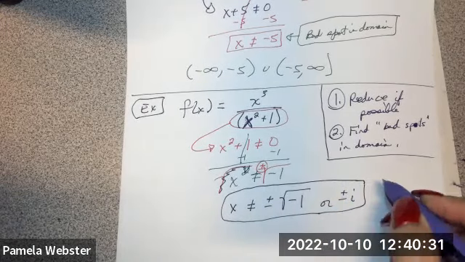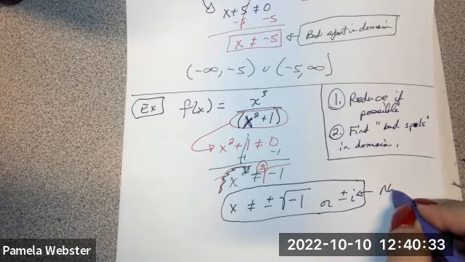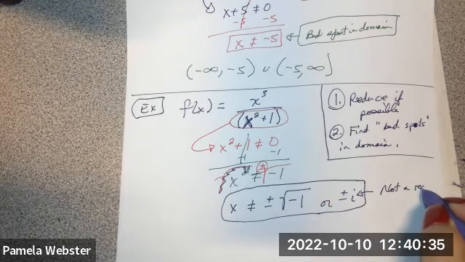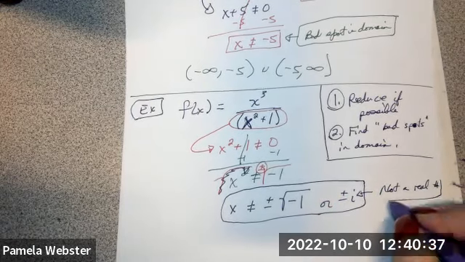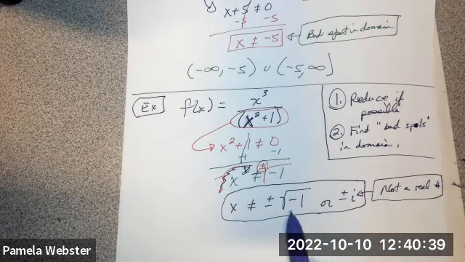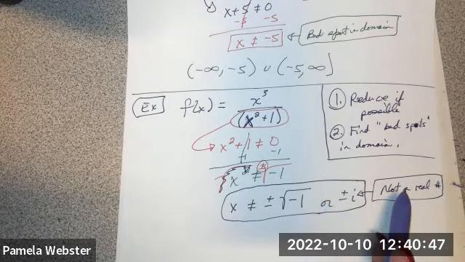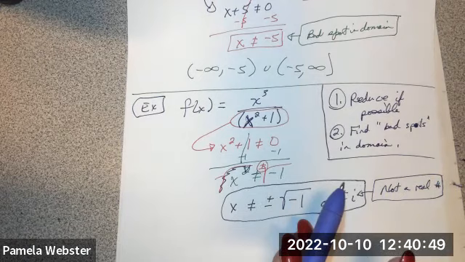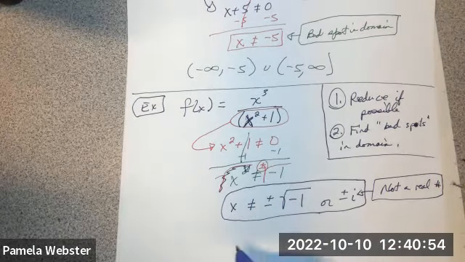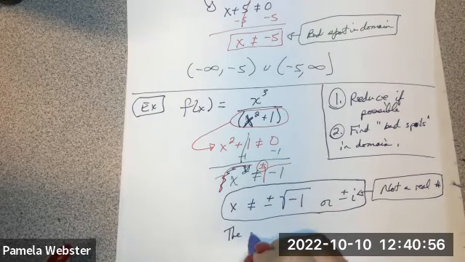Either way, this is not a real number. I can't take the square root of a negative number. That makes it not real, or imaginary. So not a real number, which tells me the only bad spot in this domain is an imaginary number.